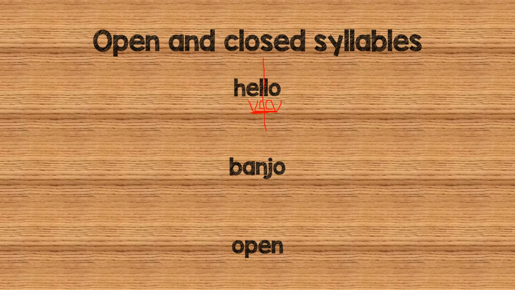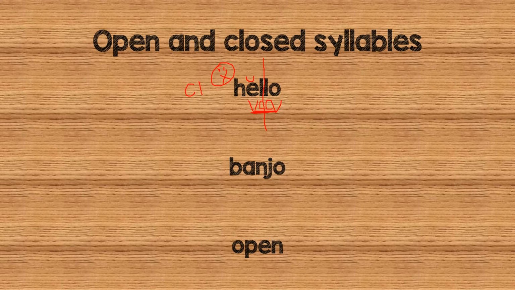L, hell. I see that the E is short. I see that there's a consonant right after it, making it short, so I know that this is closed. I like to put a little closed mouth to identify it, but if you don't want to do that, you can put CL for closed.